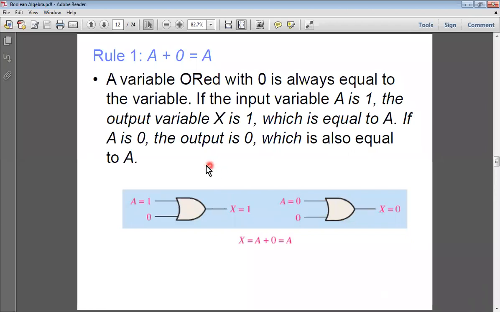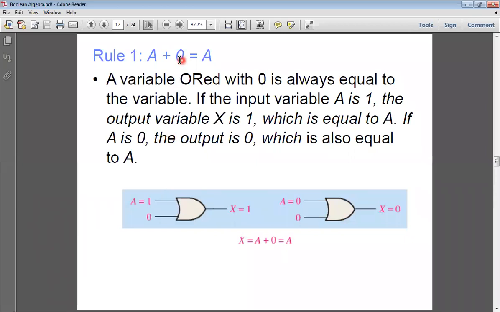Now see, how do you prove it, or how do you verify this law? At least, we have one variable which is ORed with 0. OR means OR gate. We use the OR gate for the addition operation, right?